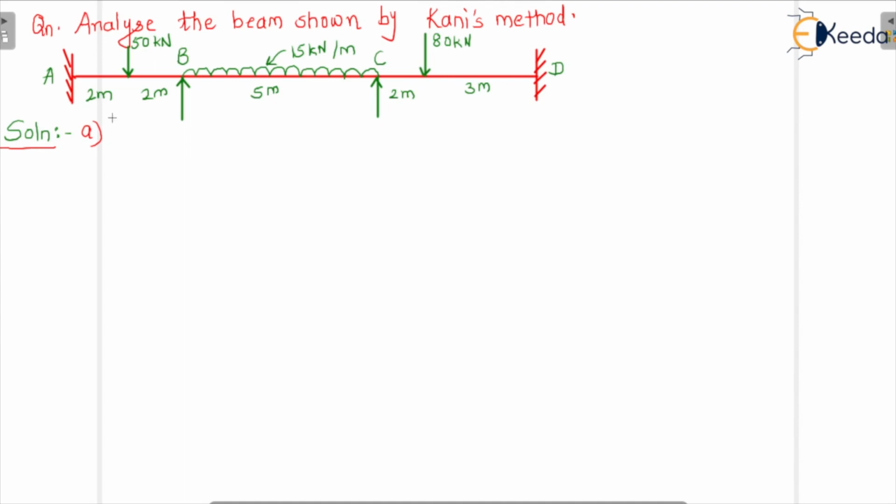So we will start with the fixed end moment. You are already aware how to calculate fixed end moments, and I hope that you remember the formulas. So first let us calculate fixed end moments. Here fixed end moments means MF of AB. MF of AB, 50 load is acting over here.